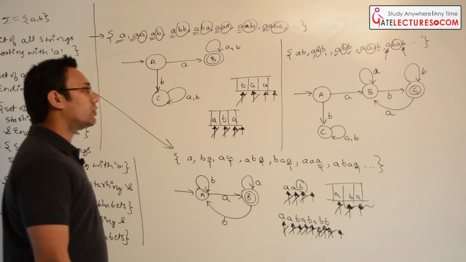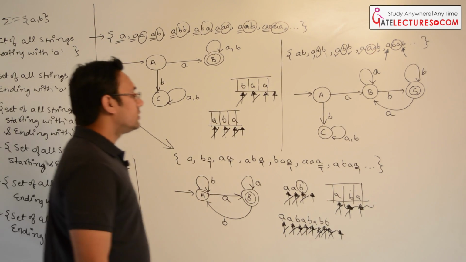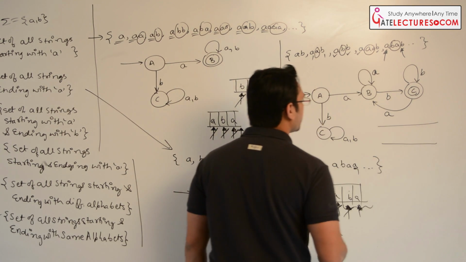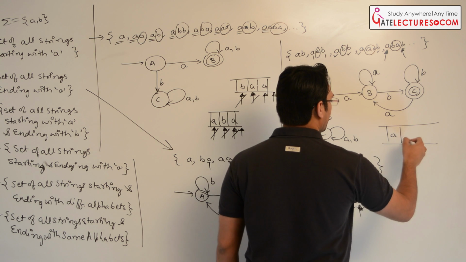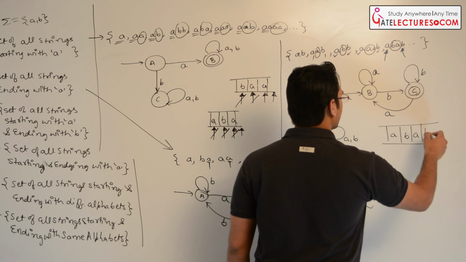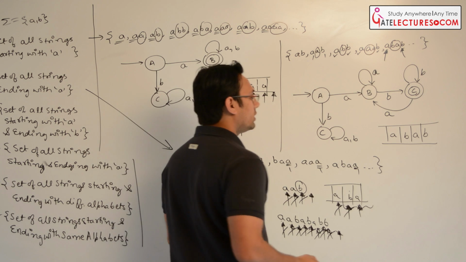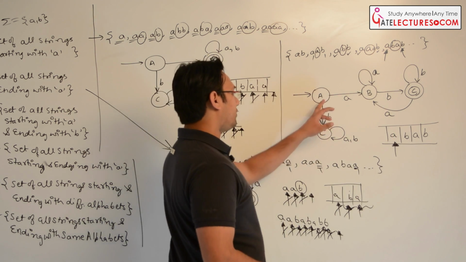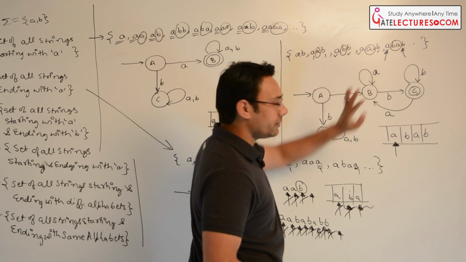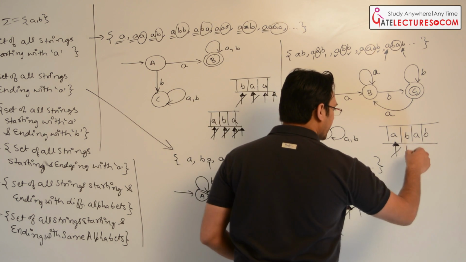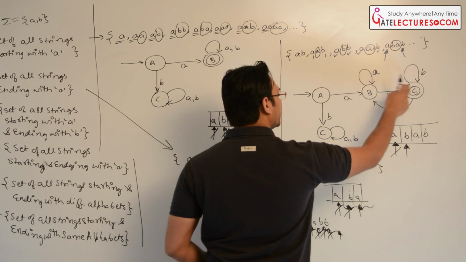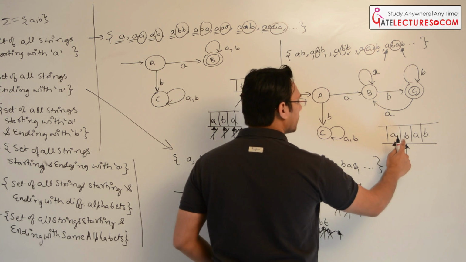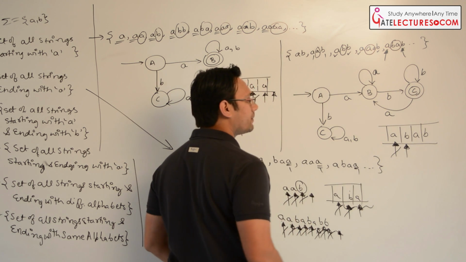So what I mean to say here is, assume the string is A, B, A, B. If we read the first symbol, we are making a transition from A to B. After reading the second symbol, we are making a transition from B to C, and we are assuming that this B is the last symbol. That is why we are at the final state.